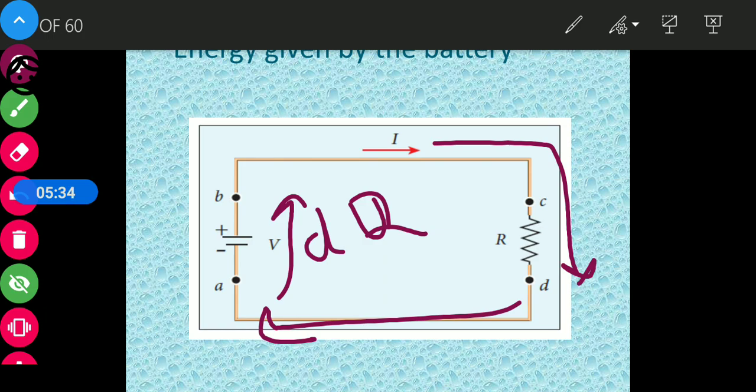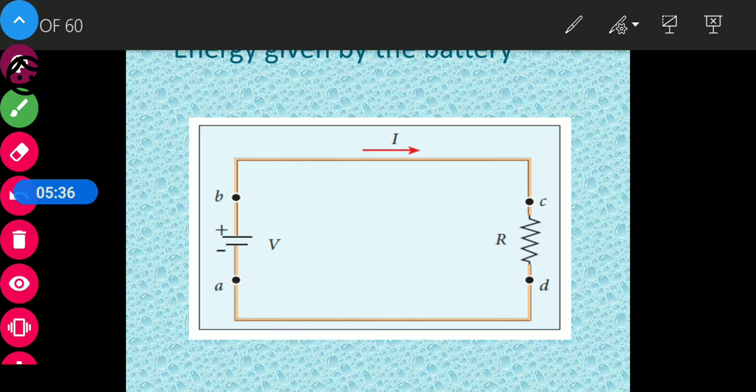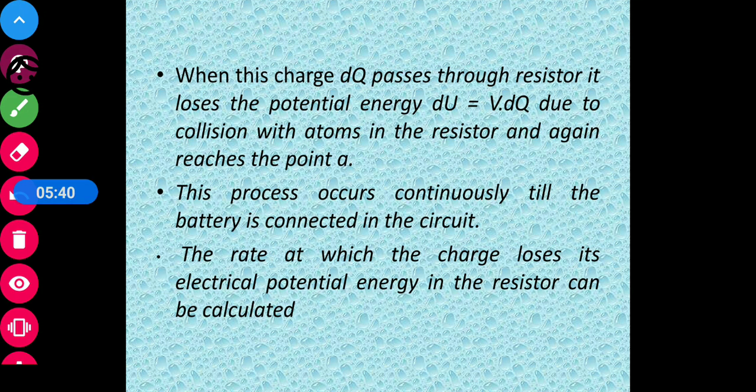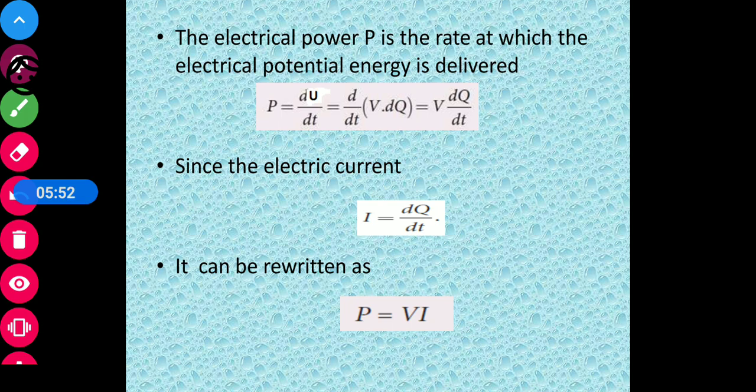The same process continues as long as the battery is connected in the circuit. So the rate at which the charge loses its electrical potential energy in the resistor can be calculated. The electrical power P is the rate at which the electrical potential energy is delivered, and we know that P is equal to dU by dt. The U is V into dq.